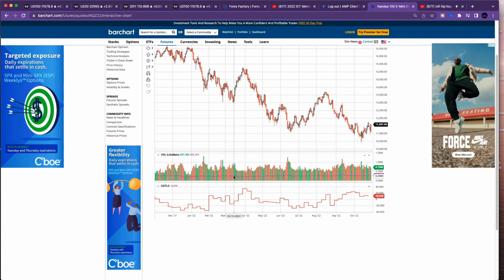So it's a drop in open interest with the COT line above the zero line, dropping into a discount array at a time where there's a potential bullish seasonal tendency. Even if there's no bullish seasonal tendency, but we still see a discount array and a drop in open interest from 8 to 15% while the COT line is above the zero line, that is a bullish sign by itself.